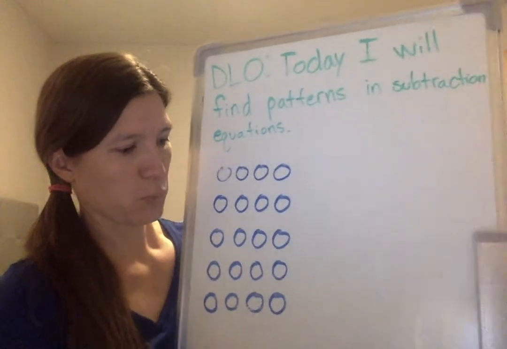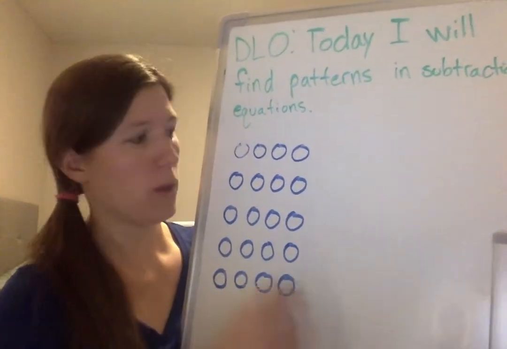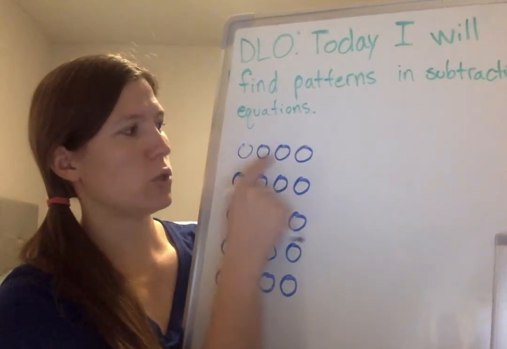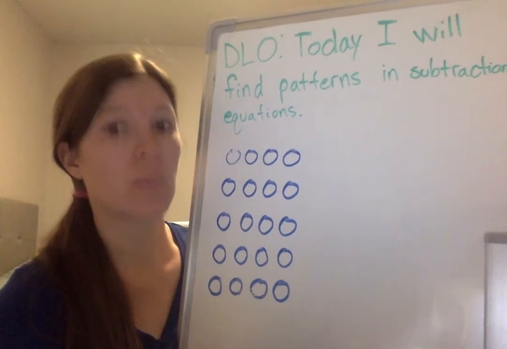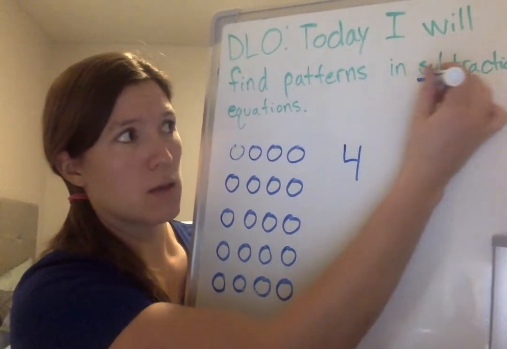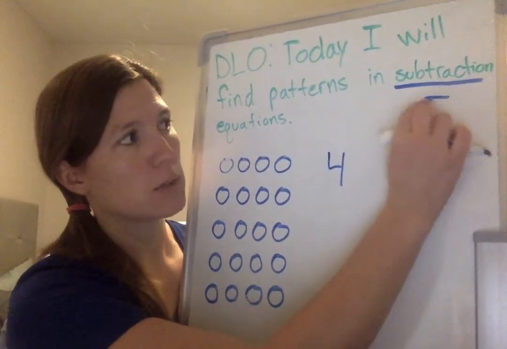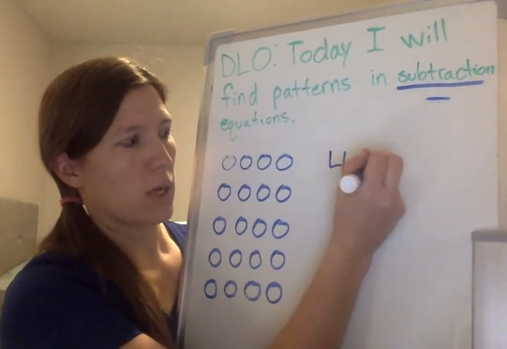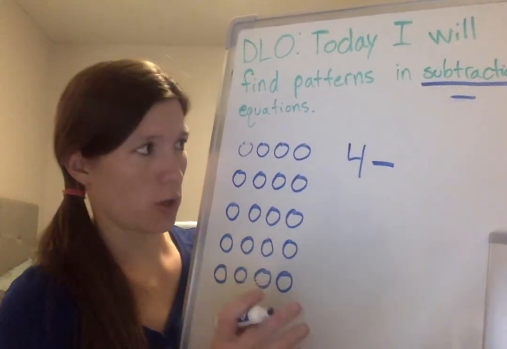So I'm going to first start my equations with what I know. I know I have 1, 2, 3, 4 circles. So how many do we start out with? 4. We're subtracting today, so my operation is minus. Minus. This is where the pattern is going to start.